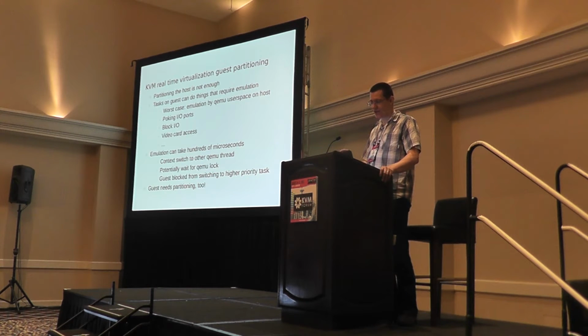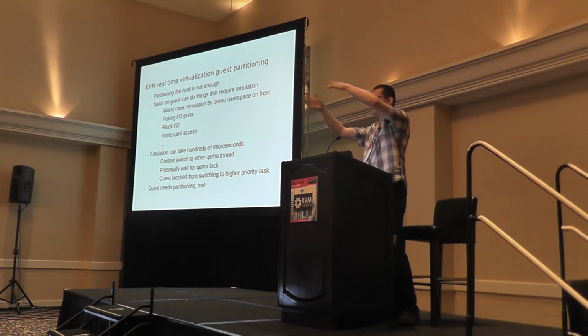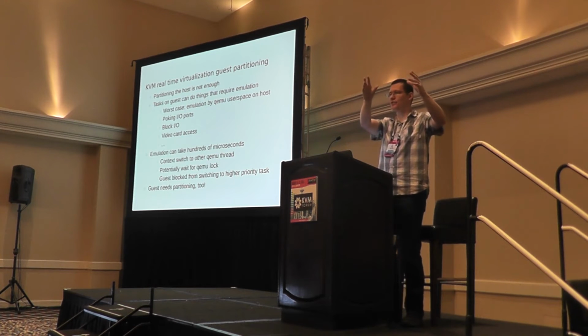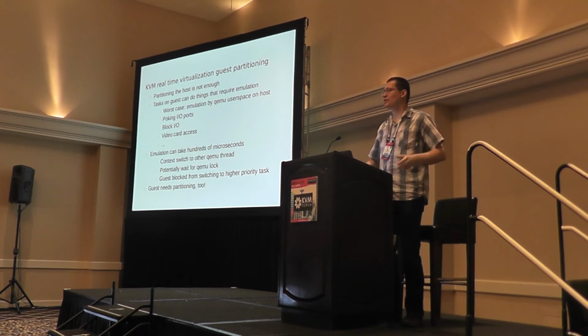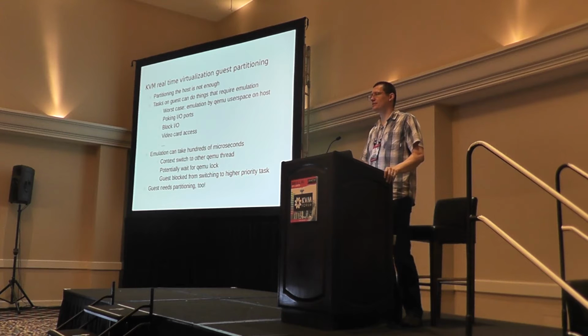We have to run the QEMU emulator thread. So we go all the way from the guest into the host into QEMU. Inside QEMU, we may have to wait for something else to finish doing whatever it was doing and release a lock.